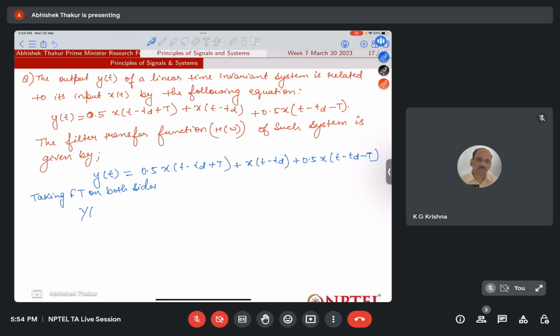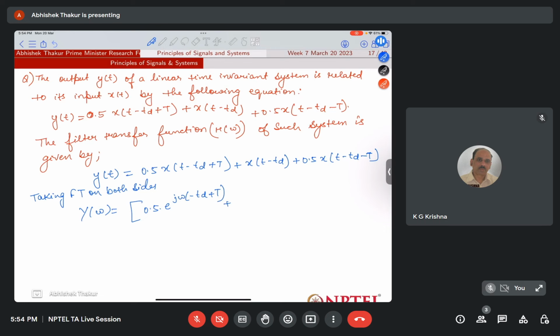So we'll get Y(omega) is equal to 0.5 into e to the power j omega into minus of (td plus T), and this will be X(omega).